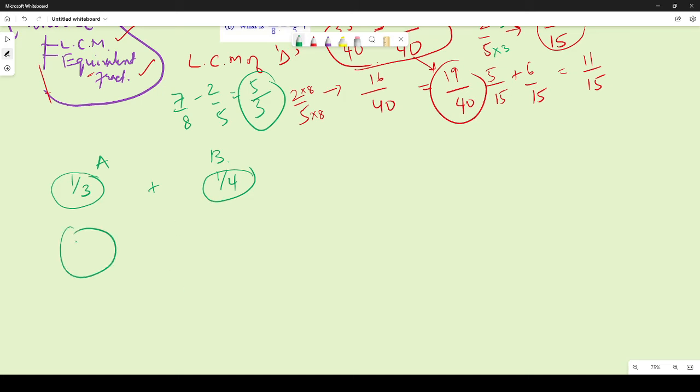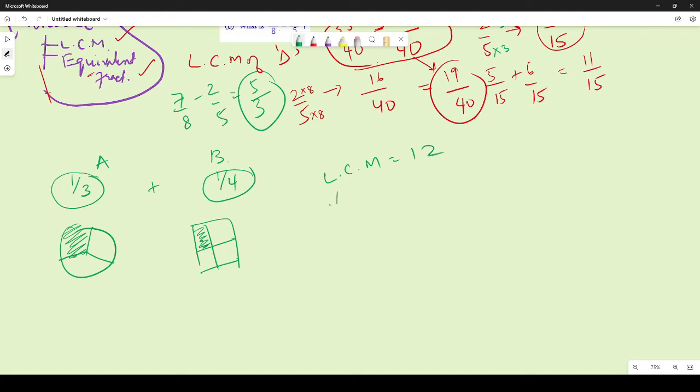So A says I am eating this part. B says I am eating this part. So how much is it that they are actually eating? So when you're taking out the LCM, the LCM of 3 and 4 will be what? LCM equals 12, right?